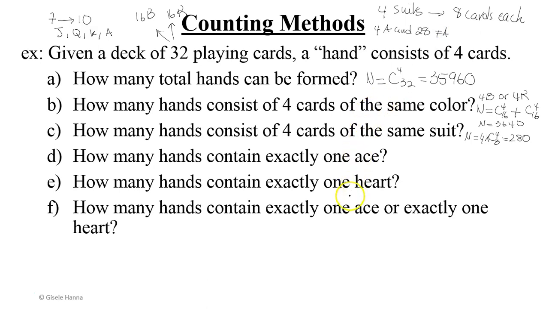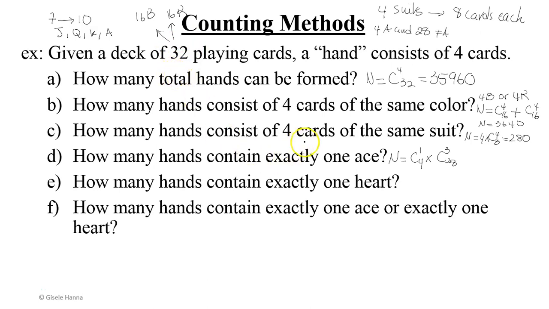So if I want my hand to contain exactly 1 ace, that would in fact be equivalent to choosing 1 card out of the 4 aces and the remaining 3 cards out of the remaining 28 cards. Now you'd notice that the number of selections here, 1 and 3, form the total number of cards in the hand, while the totals here, 4 and 28, together form the total number of objects we started with in the first place.